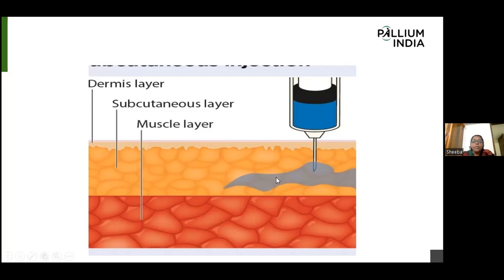From the subcutaneous space, the tissues take it into the systemic circulation, because here the diffusion technique works: the fluid moves from the lower concentration area to the higher concentration area. Here the subcutaneous area is the lower concentrated area, but the circulatory area is the higher concentrated area. So by the diffusion method, fluid absorption happens.